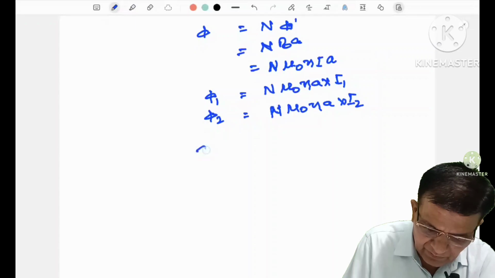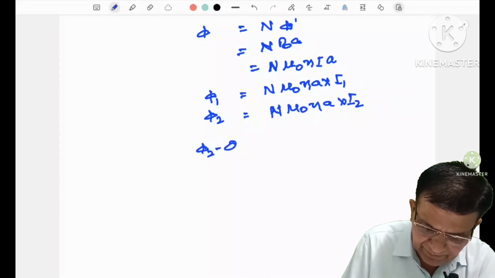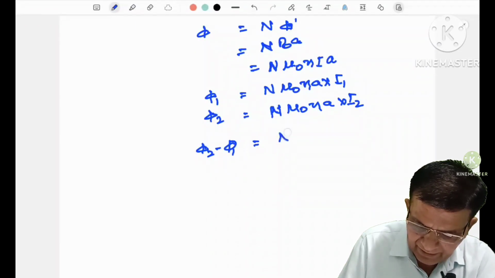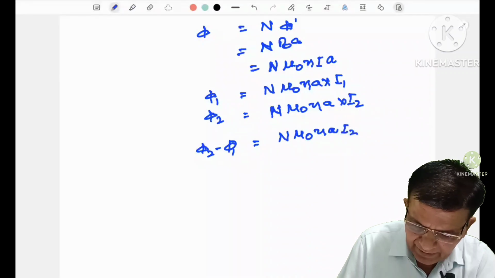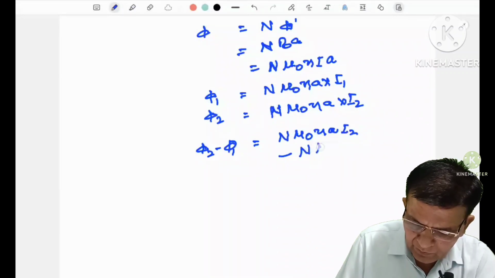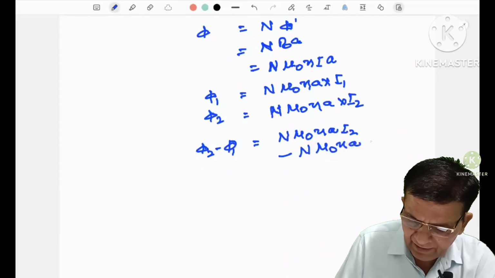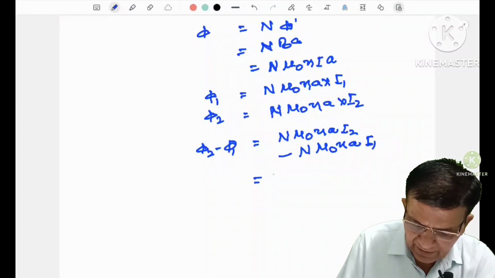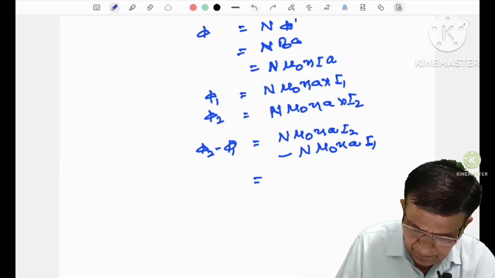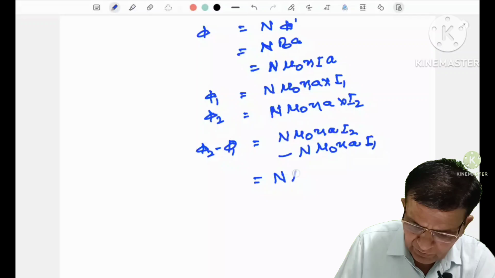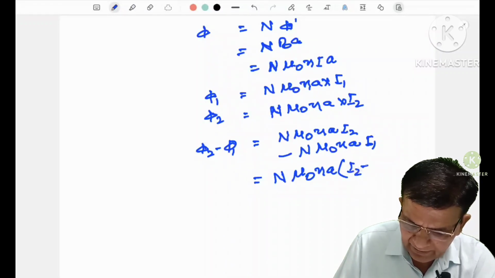Change in flux phi 2 minus phi 1 is equal to N mu 0 n A I2 minus N mu 0 n A I1, or N mu 0 n A into (I2 minus I1).